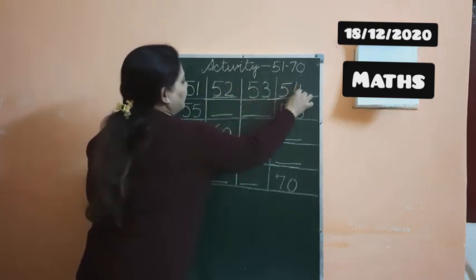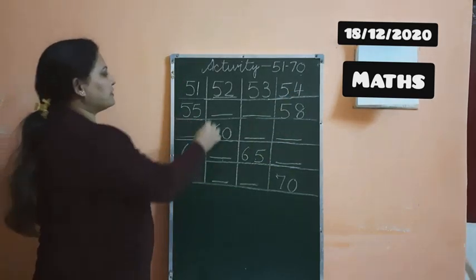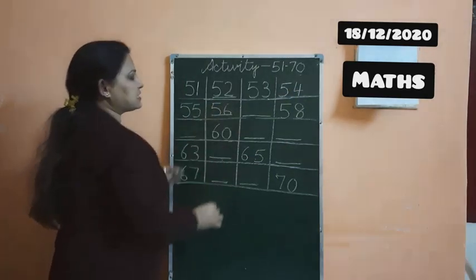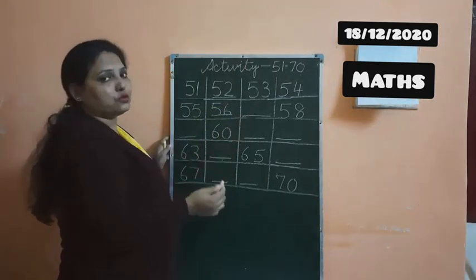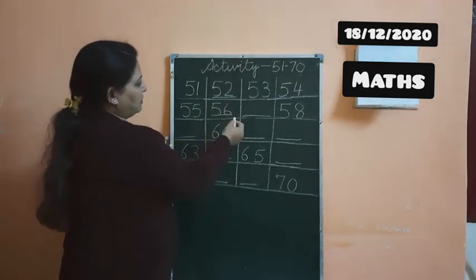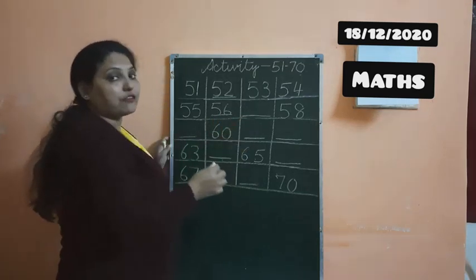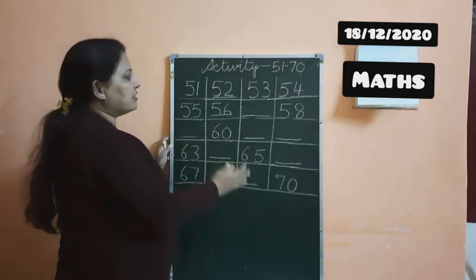Now after 54, 55 is here. After 55, 56. So this is a small activity, children. You have to learn to do it at home. You can do it in your rough copy, not in your classwork copy.